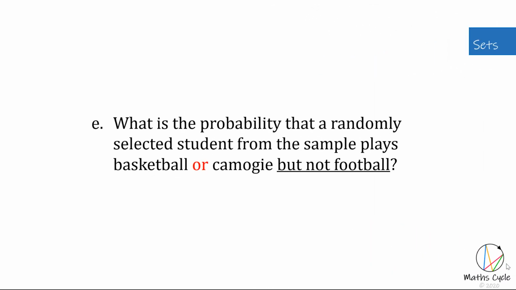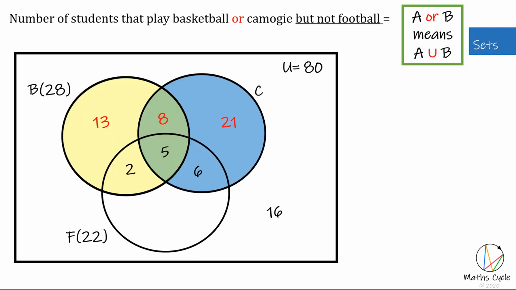Okay, so part E. What is the probability that a randomly selected student from the sample plays basketball or camogie but not football? Okay, so the number of students that play basketball or camogie. So or means union. Remember that. A or B means A union B. So we're looking at the people in B union C. So here we have it coloured, all the yellow and the blue.